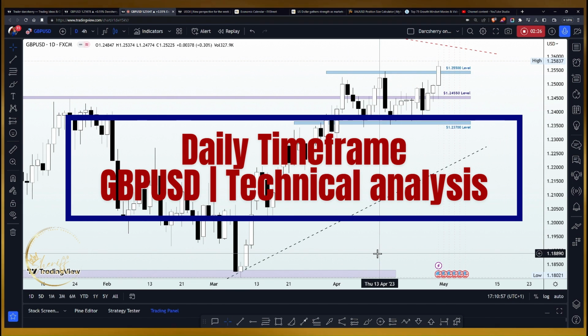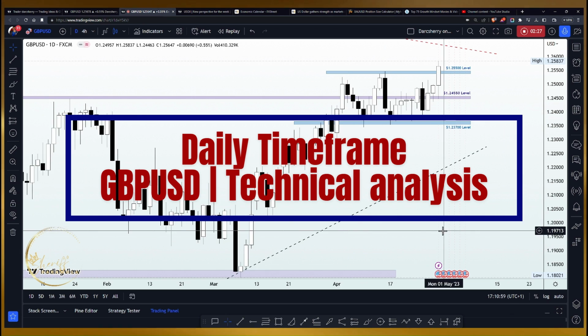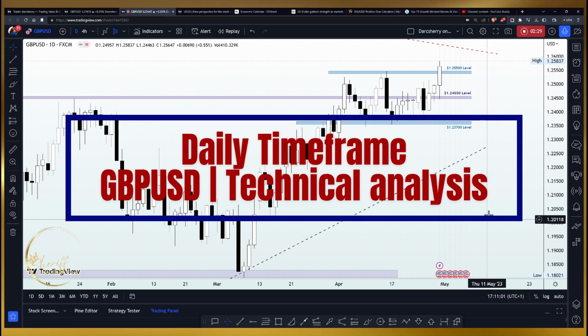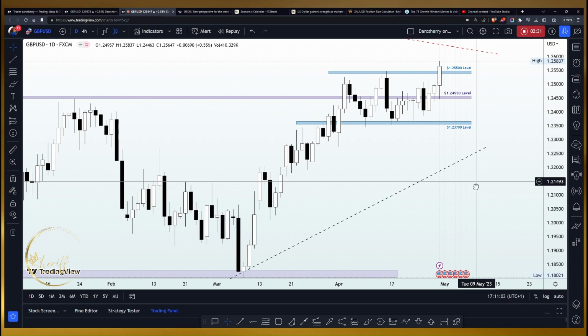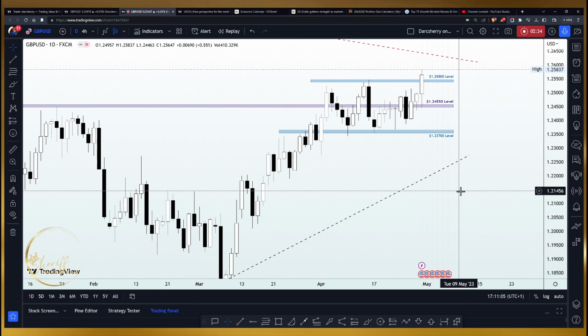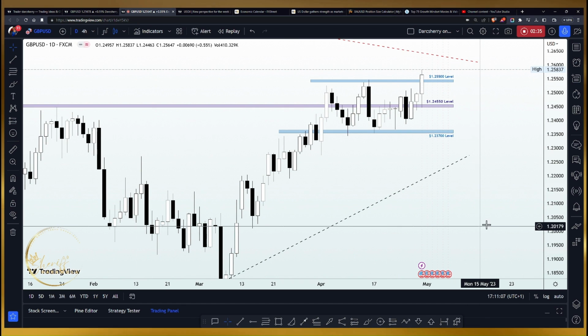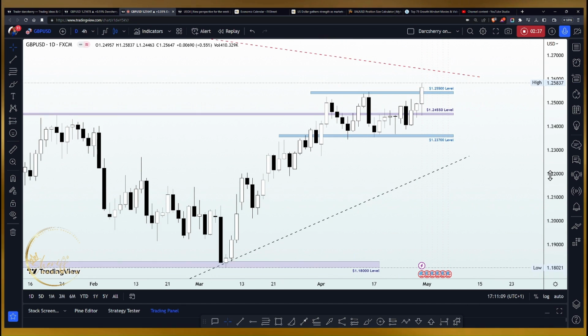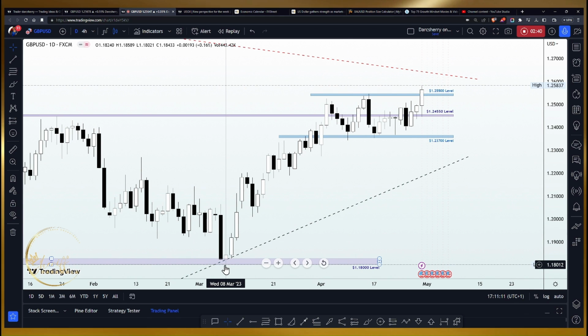So let's dive right into the business for today as we get ourselves prepared for the new week. For the sake of precision, I would want to zoom right into the most important structure on this chart, and that is the activities from the beginning of the month of March of this year.